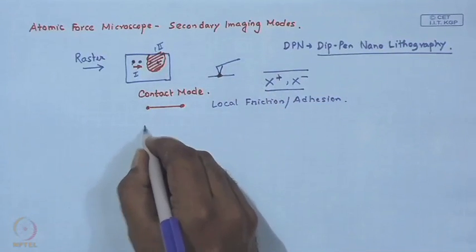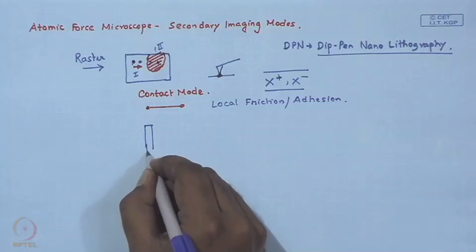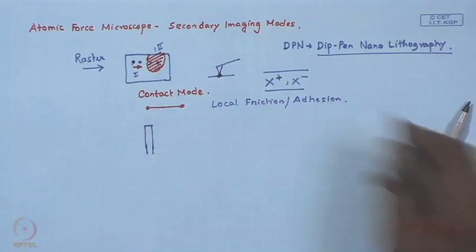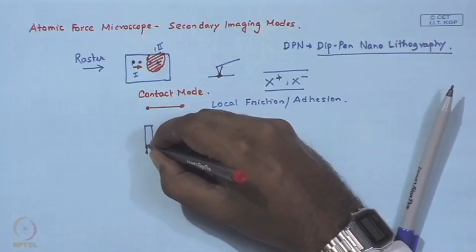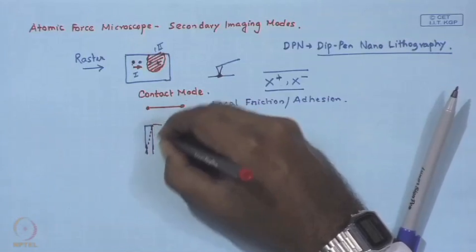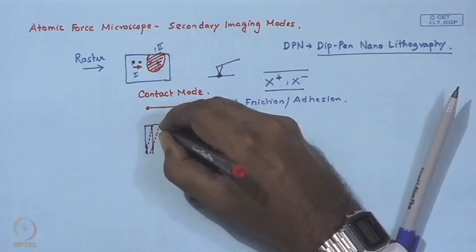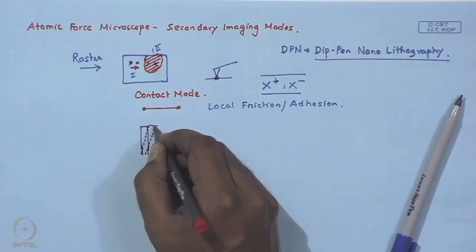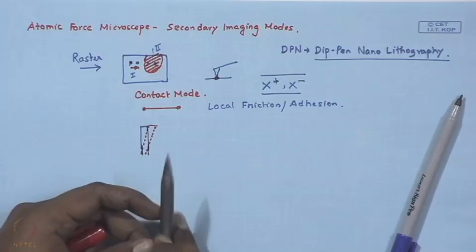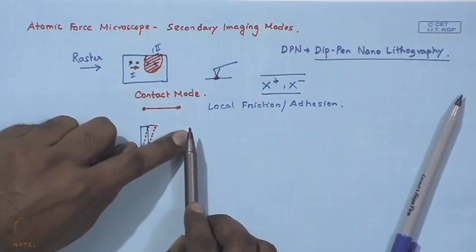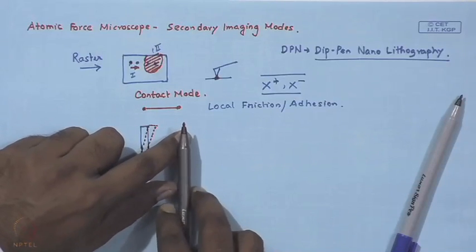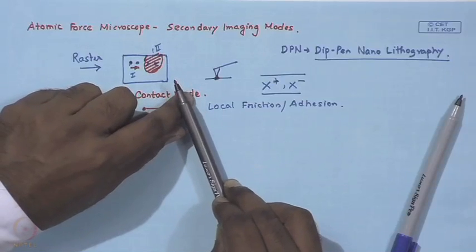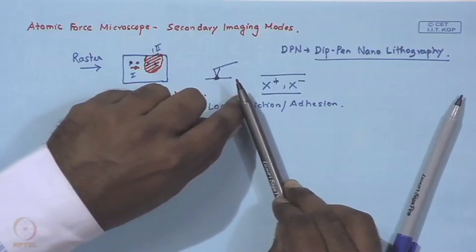Or in other words, if this is your cantilever from the top, because of localized friction, there is a lateral distortion or lateral movement of the tip. What is happening when you are dragging the tip is that the tip is in contact, and the piezo moves from this direction where it is mounted, so the tip follows or drags like this.